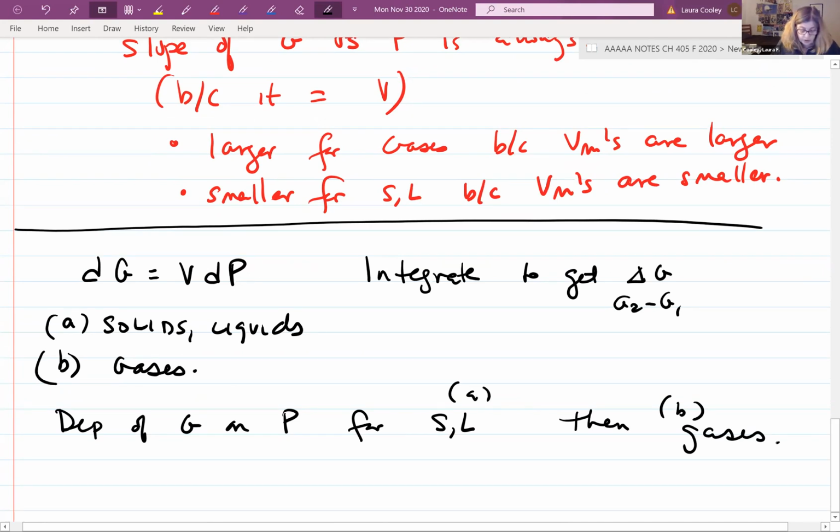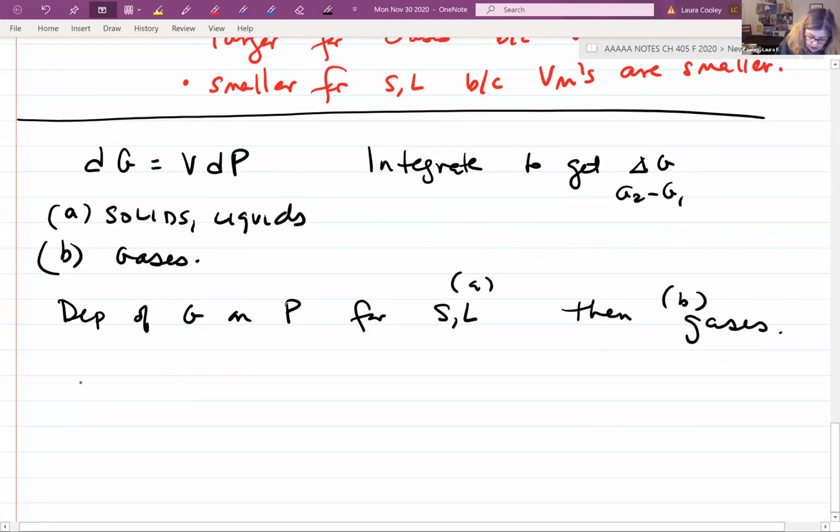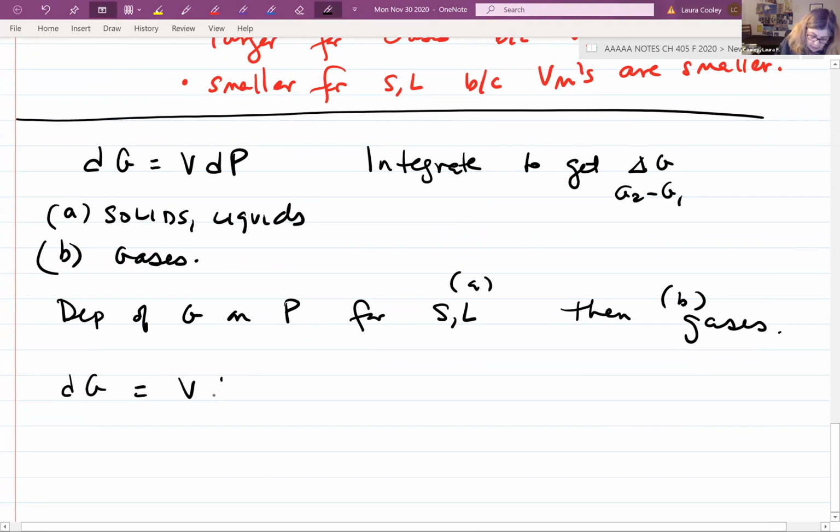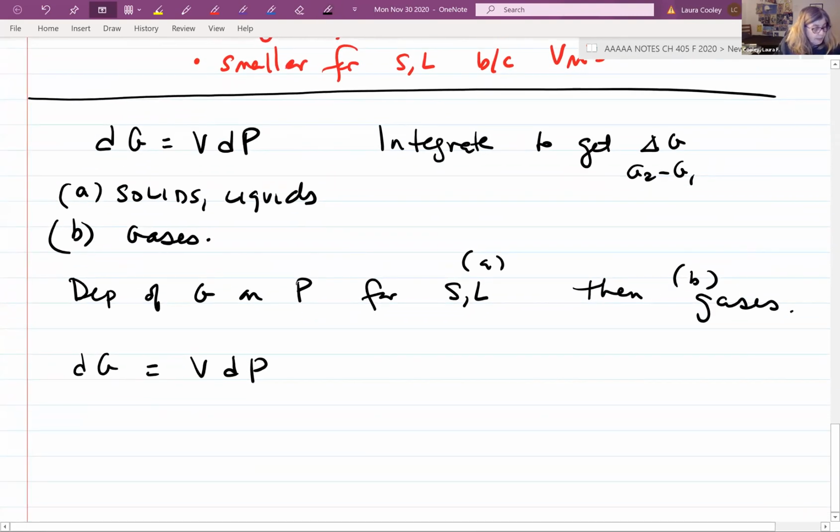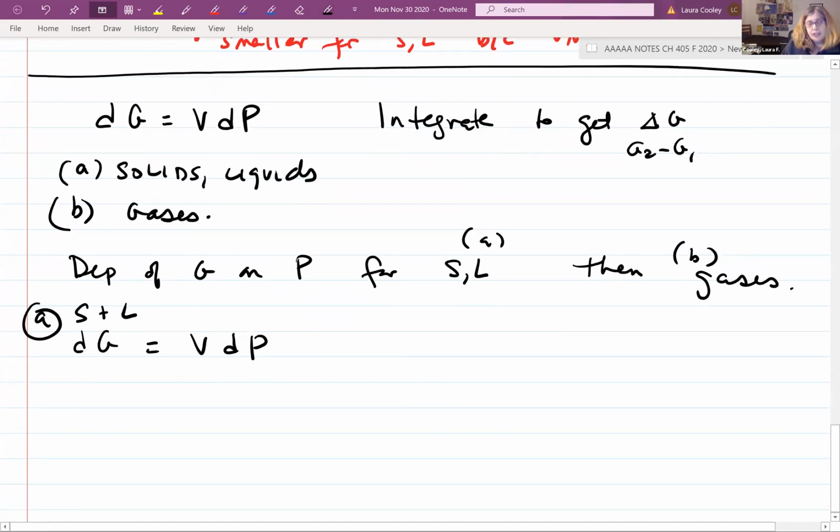Okay. So starting with that equation, dG is VdP, solids and liquids. So this is A. Okay, so we're going to integrate this.